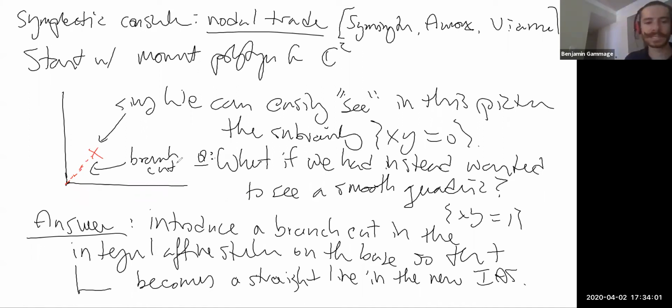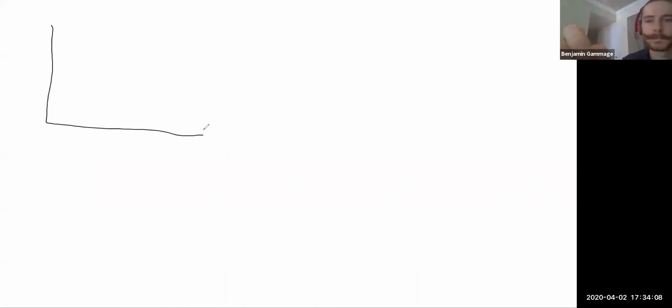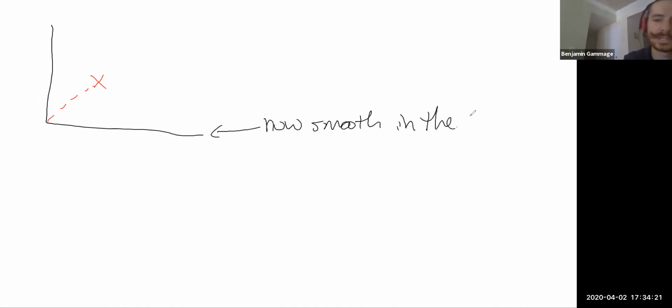Now, once I've done that, let me go to a new page so things don't get too cluttered here. Once I've done that, this thing here is now smooth in the new integral affine structure.